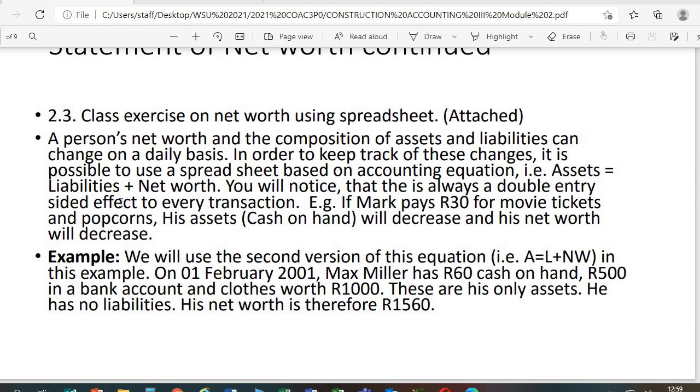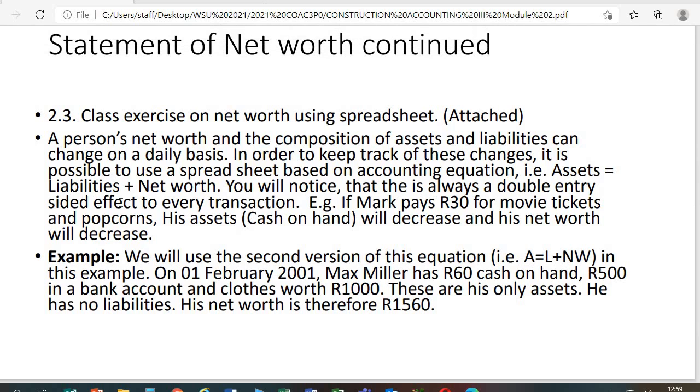You will notice that there is always a double-sided effect to every transaction, which is double entry, as I said on module 1. It's very important to understand that every transaction has two effects. So if you master that, then you are going to be good to go, because from the first module up until the last one, which is module 9, this you have to put into action. You have to understand the double entry system.